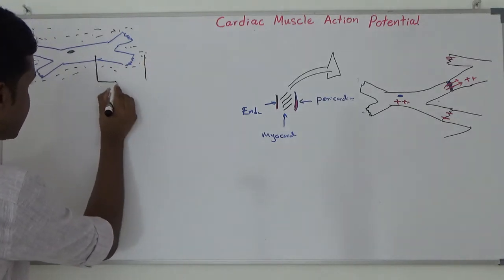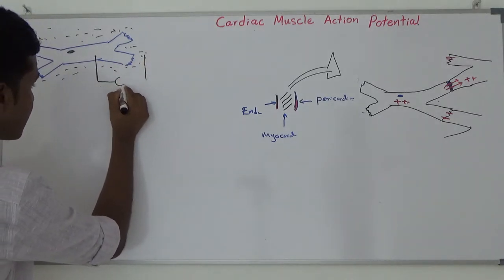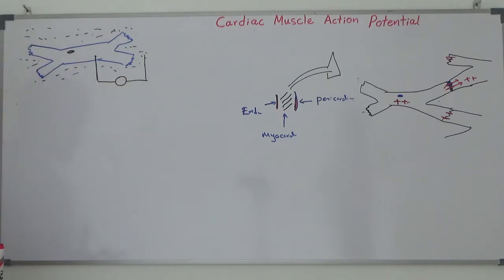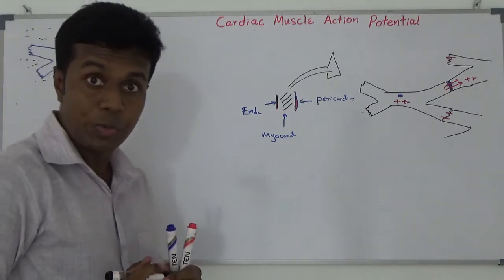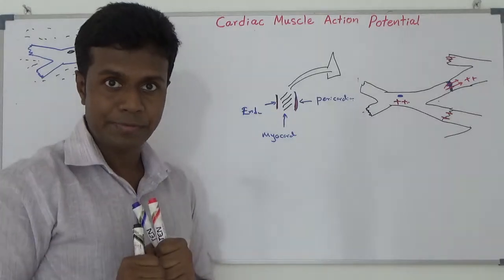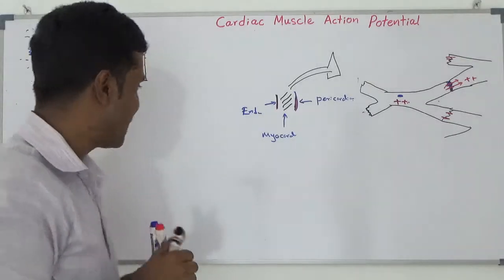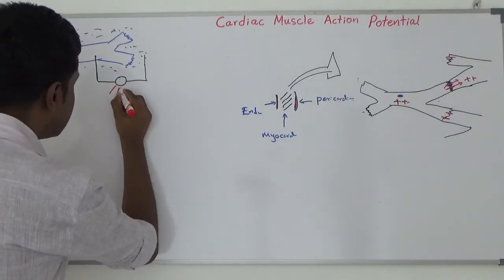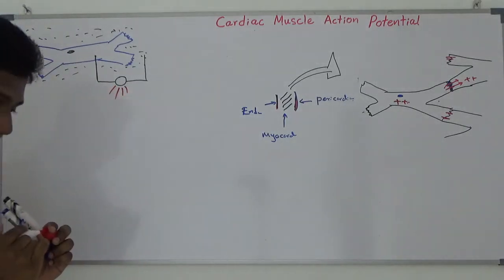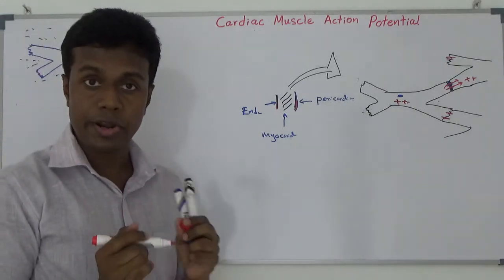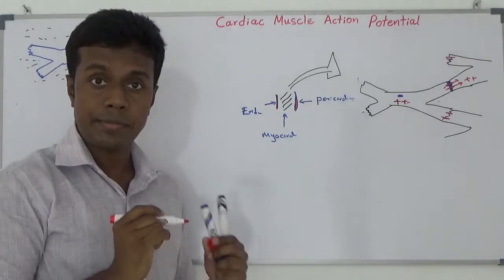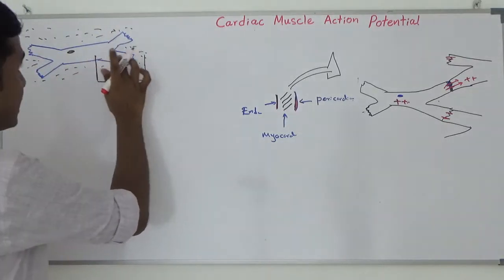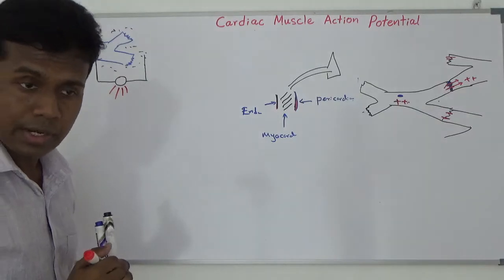Then I connected it with a bulb. You believe me, the bulb will flash. What I see is that the bulb is flashing. That means there is an electrical gradient inside and outside the cell. There is an electrical difference between the inside and outside of the cell.